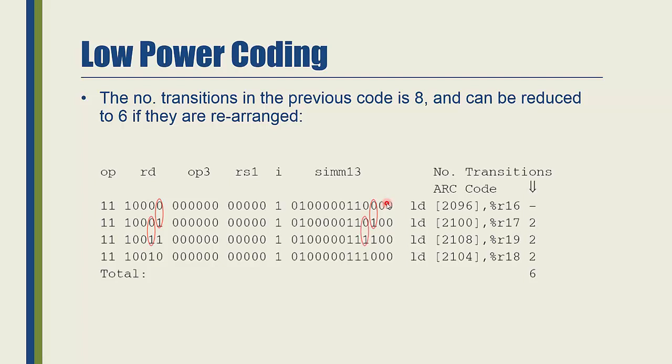But from instruction 2 to 3, now we see only 2 bit changes. So this is where we get the reduction of 2 bit changes. And from instruction 3 to instruction 4, it is the same bit change because the pair of swapped instructions will still have the same number of bit changes. So now the total number of bit changes is only 6: 2, 2, 2.